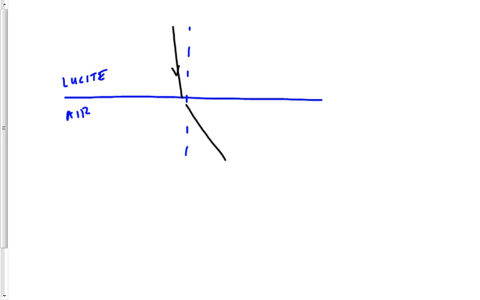That doesn't tell us much. Let's increase that angle of incidence a little bit. That doesn't tell us much. Let's increase it more. That doesn't tell us much. What does that tell us?